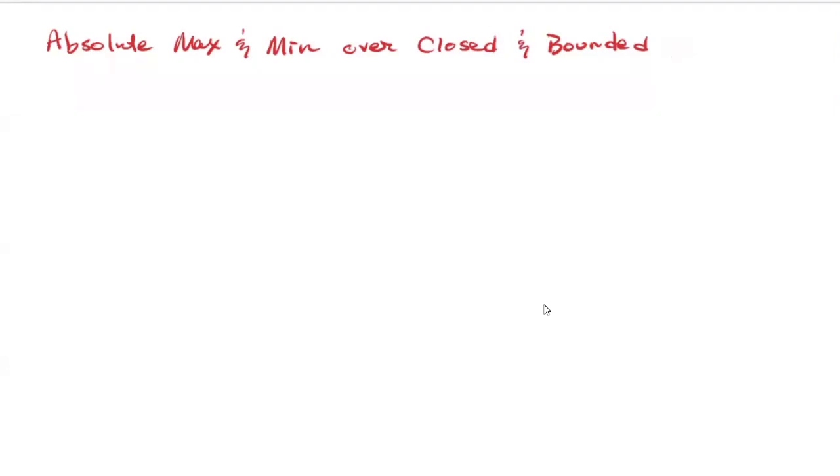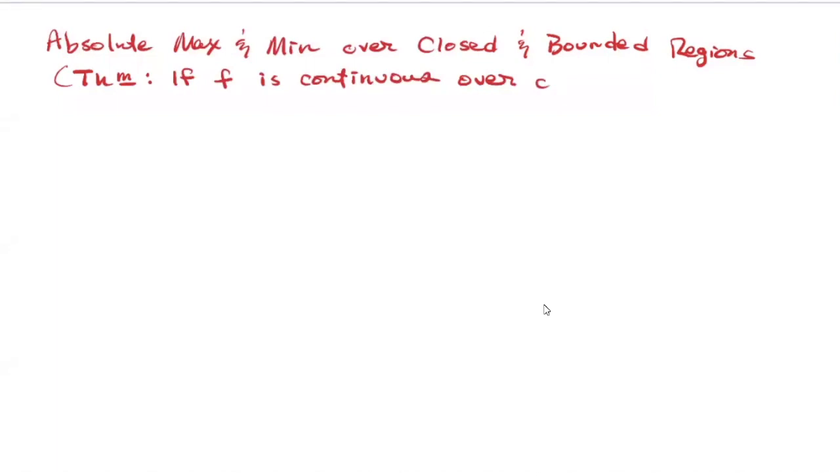And without making a big fuss, the theorem just says that if f, and I won't say how many variables it is a function of, but if f is continuous over a closed and bounded domain, then it has an absolute max and an absolute min in this domain.